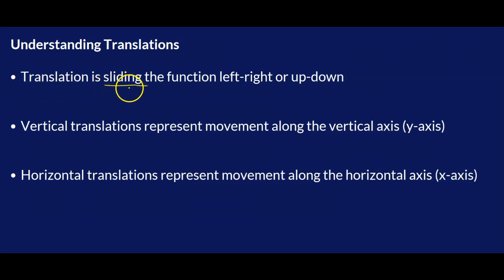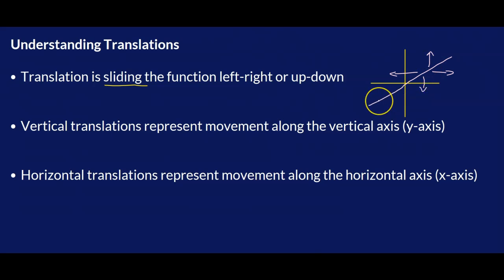So we're going on a slide, we're doing a function slide left or right, or a function slide up or down. So if we have a function that looks like this, let's go with just a basic function. This is a parent function, y equal to x. If we are going to be sliding it left or right, the function can move this way or that way, or the function can go up, or the function can go down.